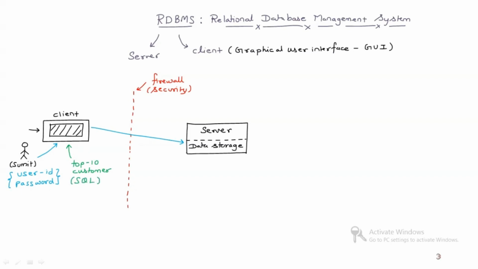So Sumit will write down his requirement in a form of a SQL query, which is transferred to the server. The server will process it and will return the output back to the client, which Sumit can view and can analyze, or maybe can do anything. But that is what SQL is.